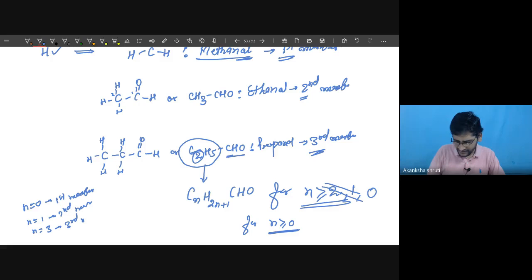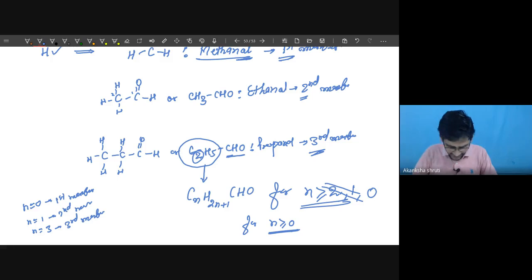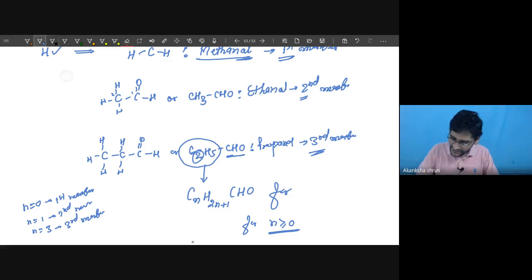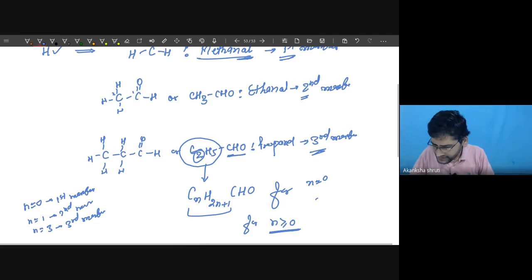Yes, tell me. Sir, but carbon is present, no? That's why n equals 0 can be taken, no? That's what I am saying. See, this already contains the carbon. So if I am taking n equals 0 here, then substitute 0: C0H2n+1CHO is already there.